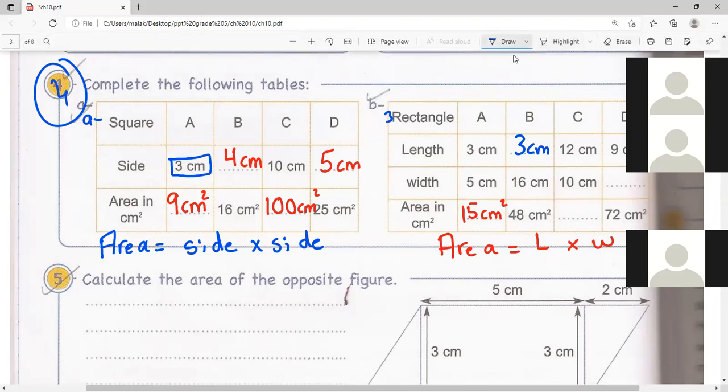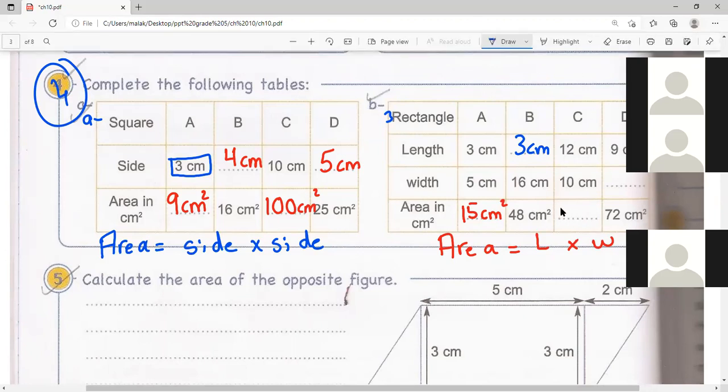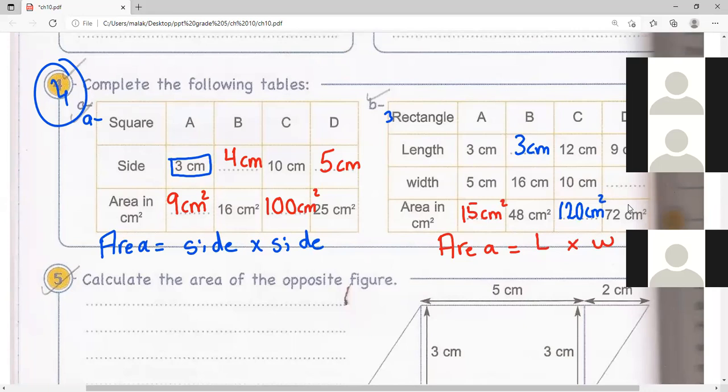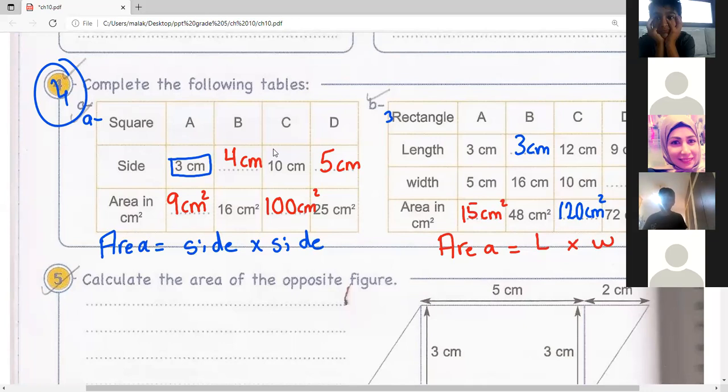How will we find its area? 12 times 10. 12 times 1 is 12, then we add a 0, so 120 centimeters squared. Bravo.